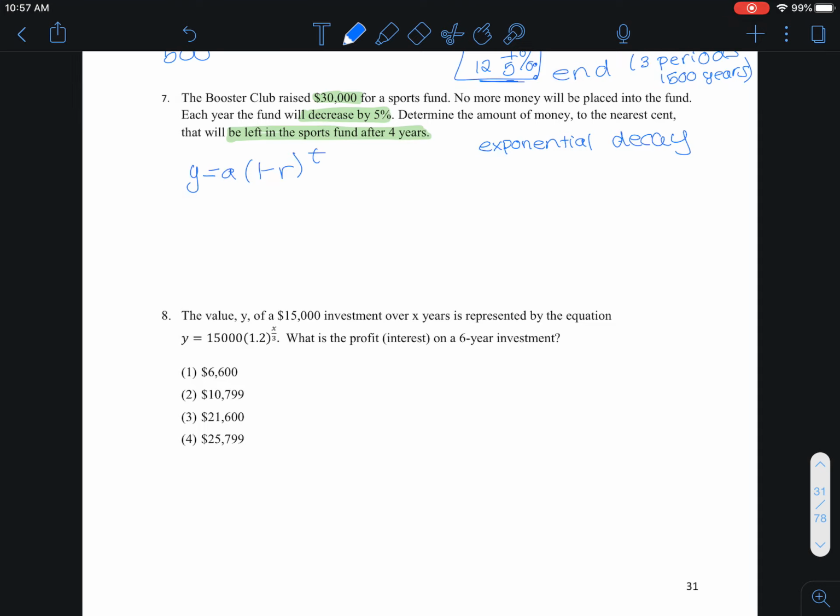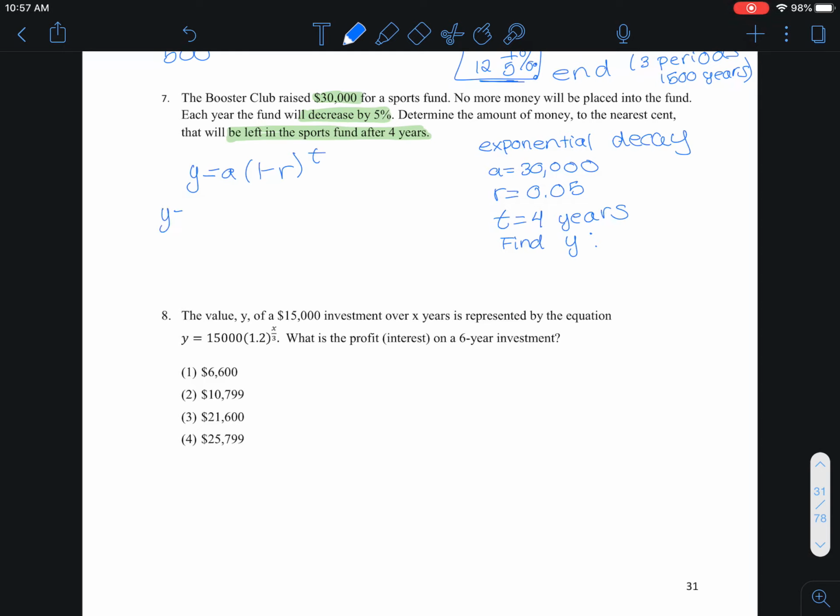So we know that our a value is equal to 30,000 because that's the initial amount of money. We know that r is equal to 0.05 because remember, even though it's 5%, we have to convert it to a decimal. And we know that the time that we're dealing with is 4 years. So we're looking for y.